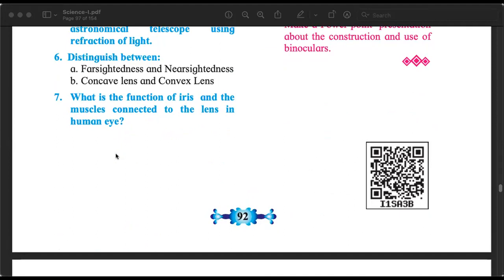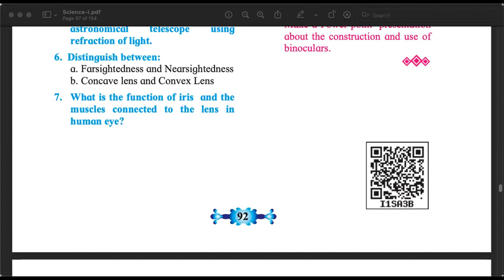Iris बंद होगा तो क्या होगा? What is there in the middle of the iris? Pupil, correct. So the movement, the stretching of the iris controls the opening of the pupil. It controls how much light enters our eye. That is part 1.